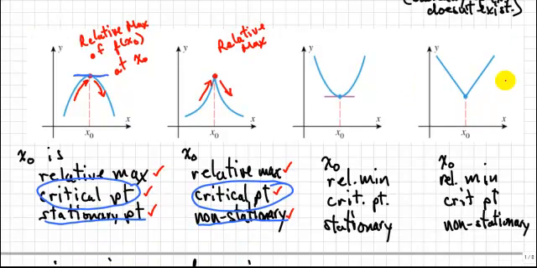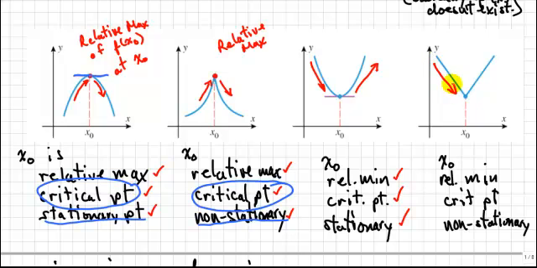Let's look at the relative mins. Look what's happening for the values of x immediately preceding x naught. For this one, our function is decreasing up to that point, and then after that point, it's increasing. Again, this one's a relative min. It's a critical point, and it's stationary, because we get the horizontal tangent line, meaning the derivative is equal to 0. For this one, it looks like an absolute value curve.